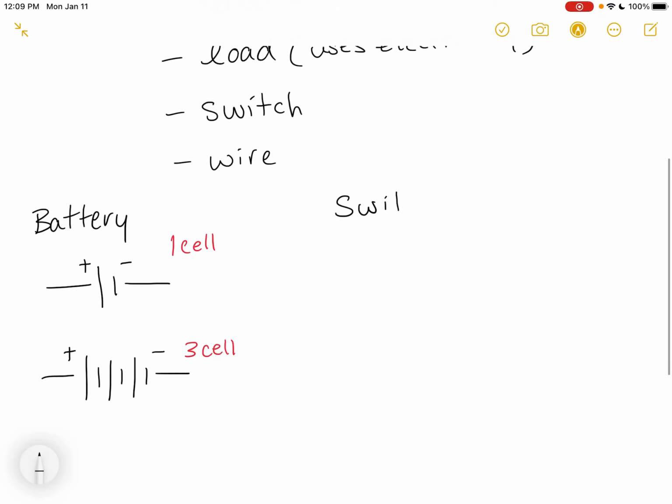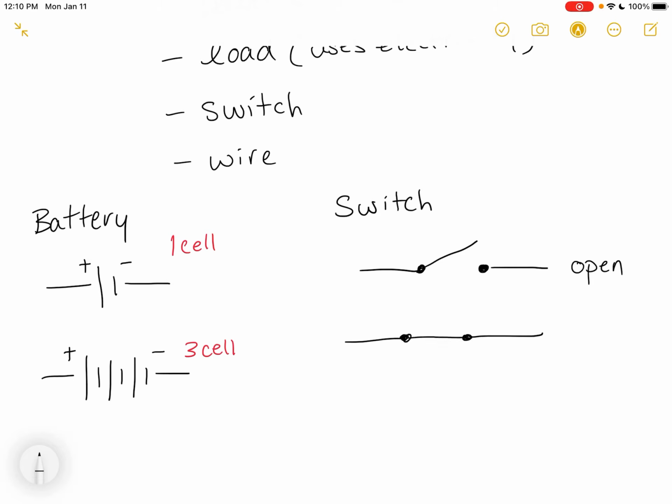If we are trying to show a switch, there are two ways that we can show a switch. So this is going to be an open switch. And then we can also show when the switch is closed. And so it's going to connect in between those two dots. So this will be a closed switch.